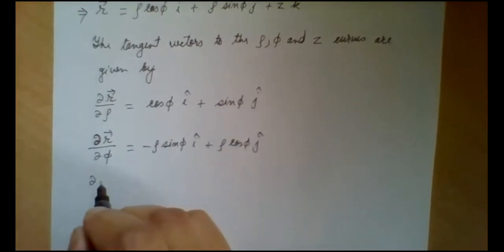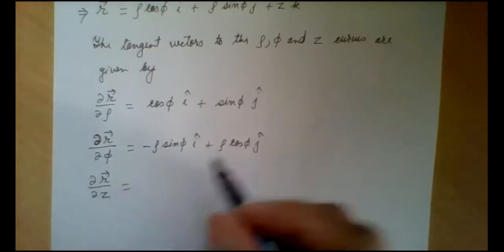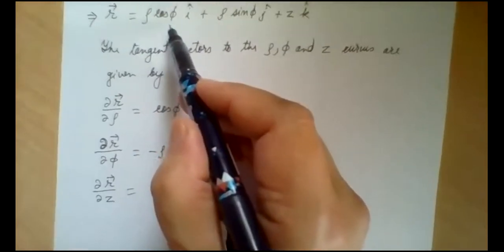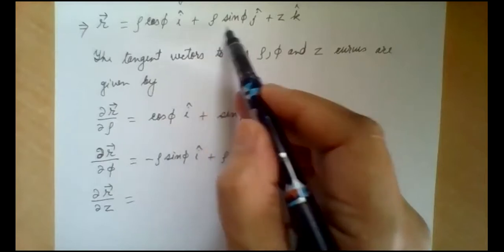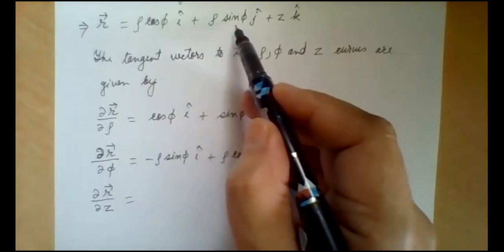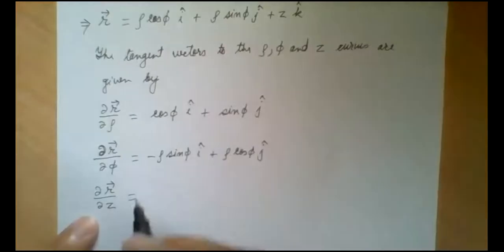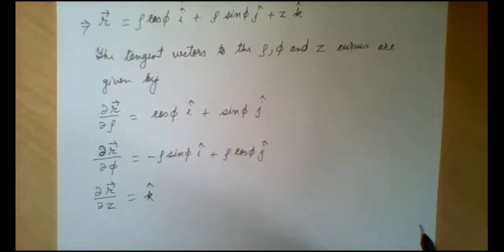What will be del r by del z? This depends only upon rho and phi, so the partial derivative of these terms with respect to z will be 0. What remains is only the partial derivative of z with respect to z, which is 1. So this is 1 times k, that is simply k.